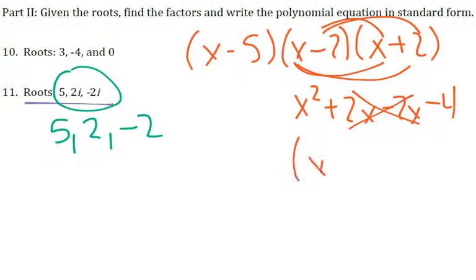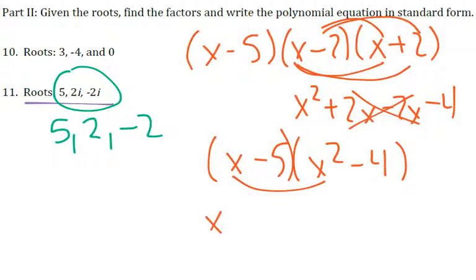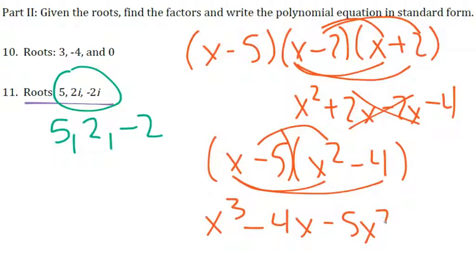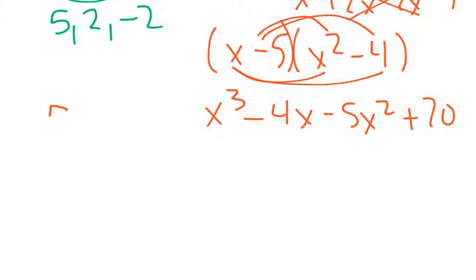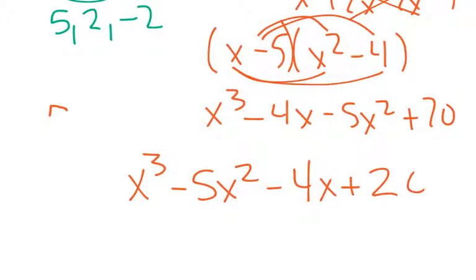We get x squared minus 4 times x minus 5. Multiplying that out, x cubed minus 4x minus 5x squared plus 20. Then we probably just want to rearrange it: x cubed minus 5x squared minus 4x plus 20. And there's our function in standard form.